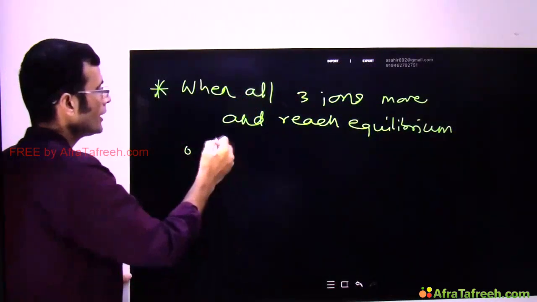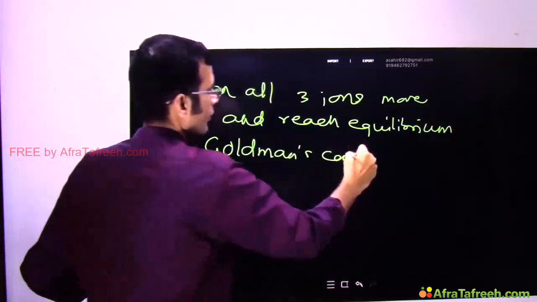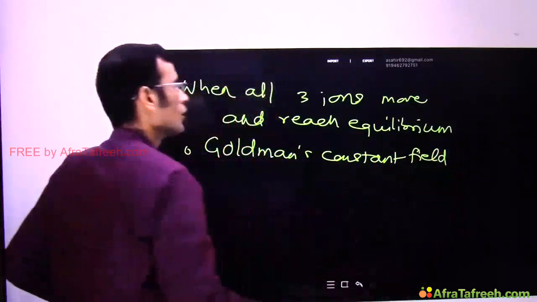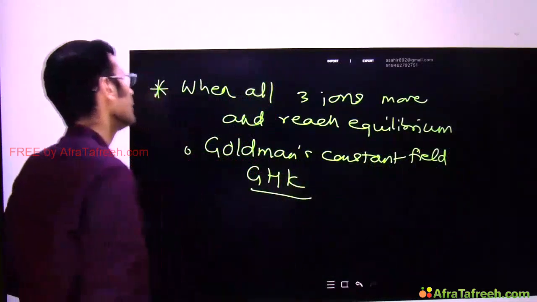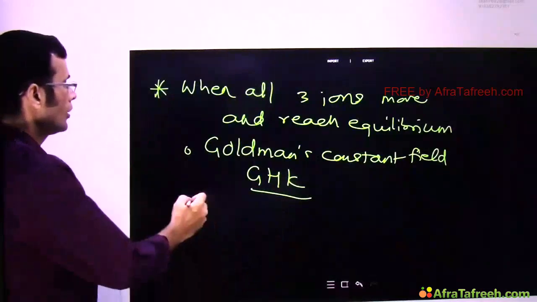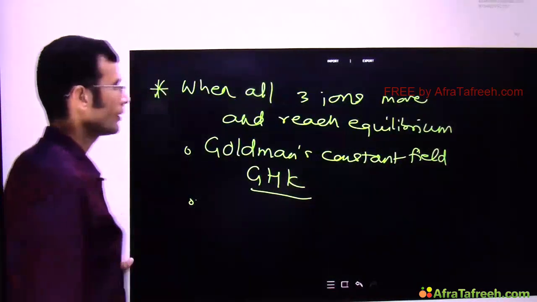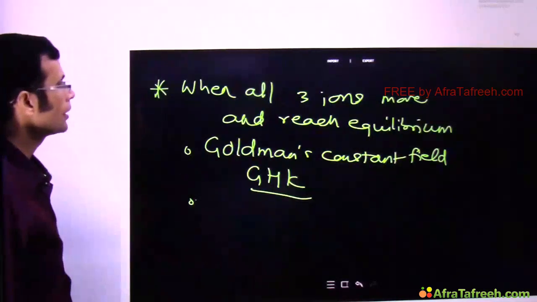The equation is called Goldman's constant field equation, or it's also called the GHK equation, Goldman-Hodgkin-Katz equation. Sometimes it is also called the expanded Nernst equation.